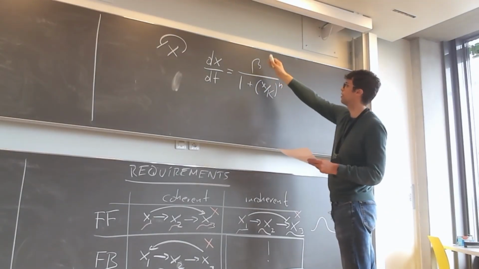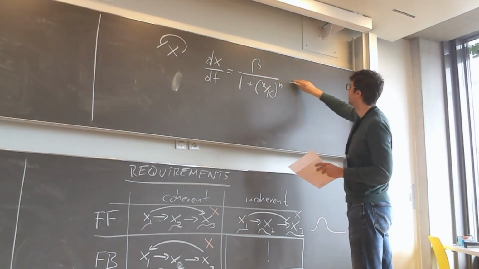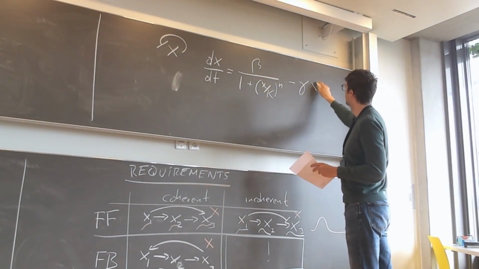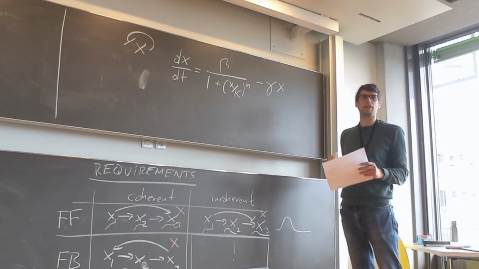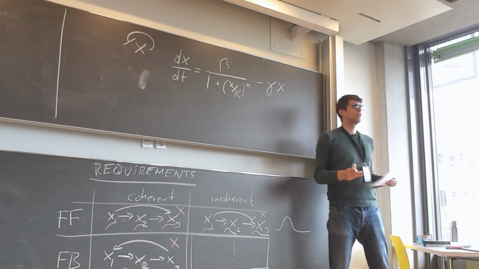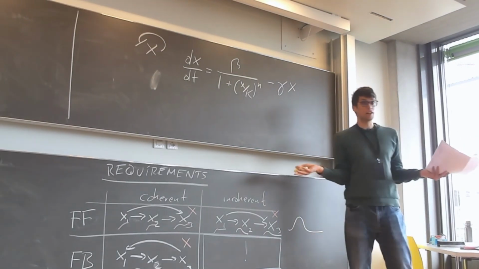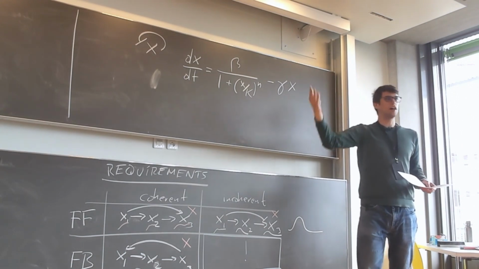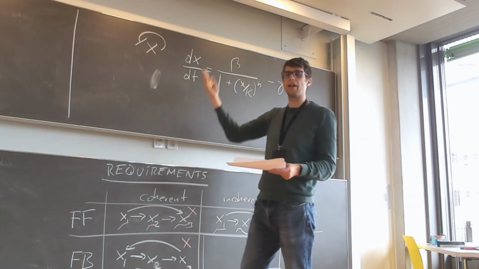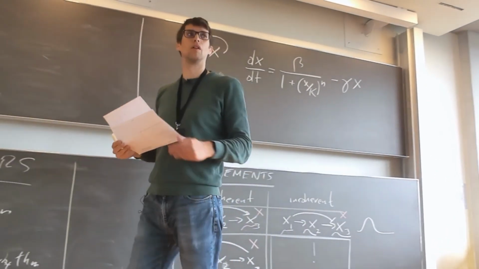So if x goes to infinity, this term disappears. And then, of course, there's the degradation term. Now, can this oscillate? This is now an ordinary differential equation. Can this give you a sine or a cosine or whatever repeating pattern as a solution?